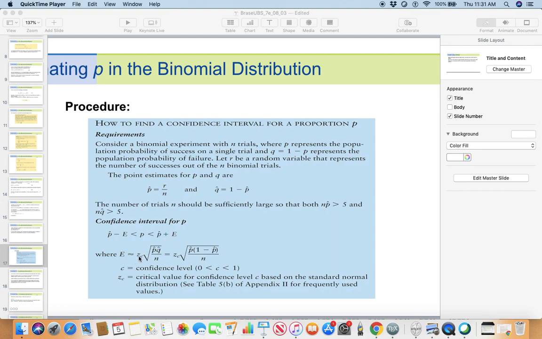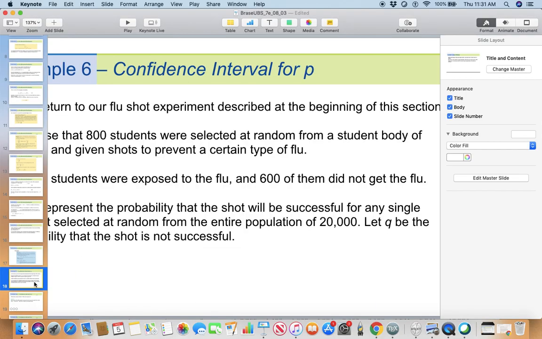E is Z sub C times the square root of P hat Q hat over n. What is Z sub C? It is a critical value for the confidence level C using our standard normal distribution. All right, so this is the summary to find a confidence interval for P.